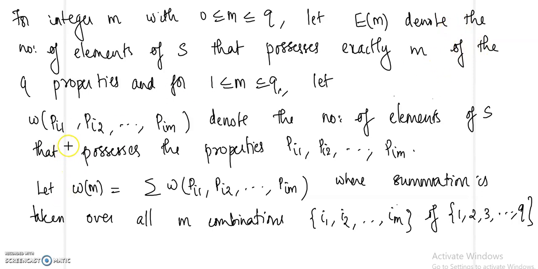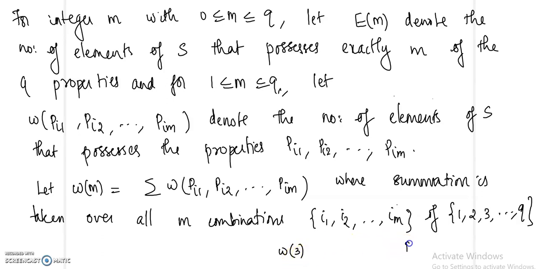And omega of Pi1, Pi2, etc. Pim denotes the number of elements that possess the properties Pi1, Pi2, Pim. So omega of Pi1, Pi2, Pim is the number of elements that possess the m properties Pi1, Pi2 and Pim. Similarly, if we define omega of 3, I mean that is the elements possessing 3 properties.